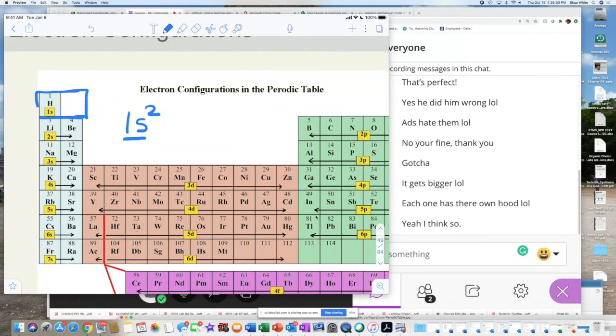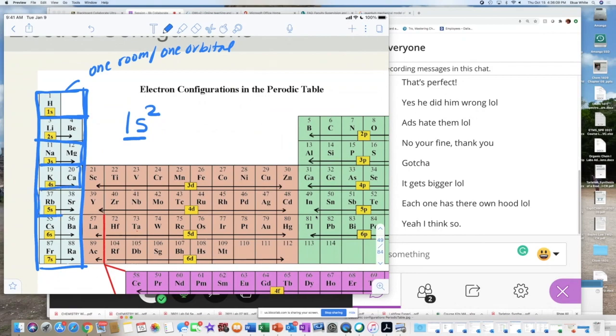You want to section out the periodic table in 2 columns. Each of these columns gives you 1 room or 1 orbital. So this is 1 orbital, another orbital right here. I'm sectioning these out so you can see.